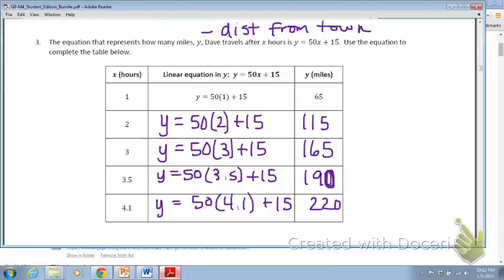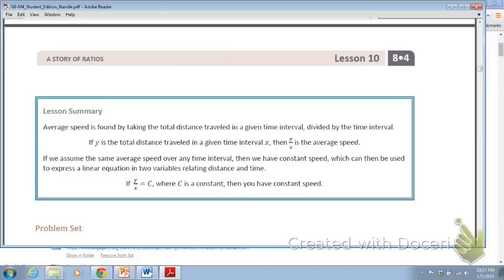Okay, so let's just do a quick recap of what we talked about in this lesson. The lesson summary is on the problem set page. So we talked about average speed, and we talked about how average speed is the total distance traveled in a given time interval.